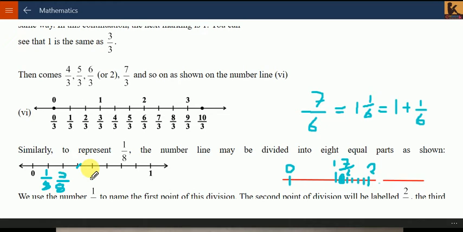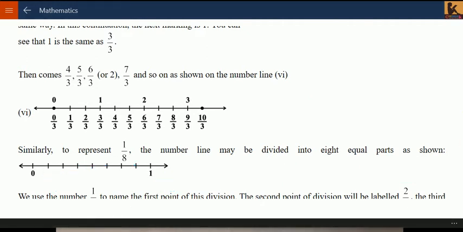Similarly 3 by 8, 4 by 8, 5 by 8, 6 by 8, 7 by 8, and this is actually 8 by 8, and 8 by 8 is 1. This all of you know. This is how you can make a number line.